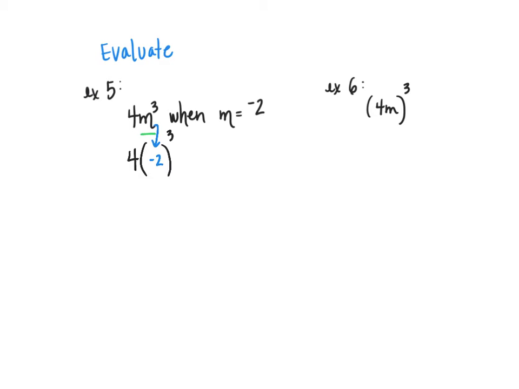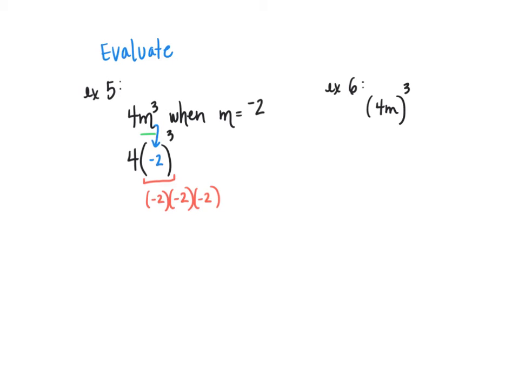So if I leave that in parentheses, if your thought process is I need to do my parentheses first, well, there's nothing to do to that -2, right? So then I would move to my exponent, and I do have a -2 going to the third power, which means -2 times -2 times -2.